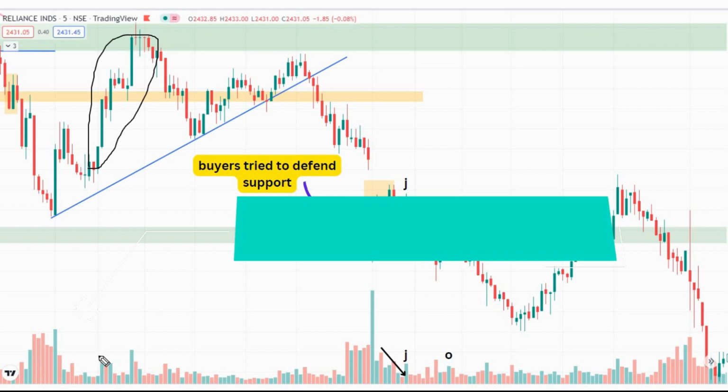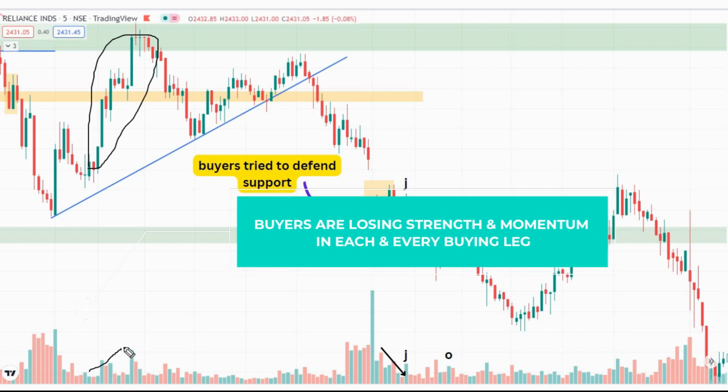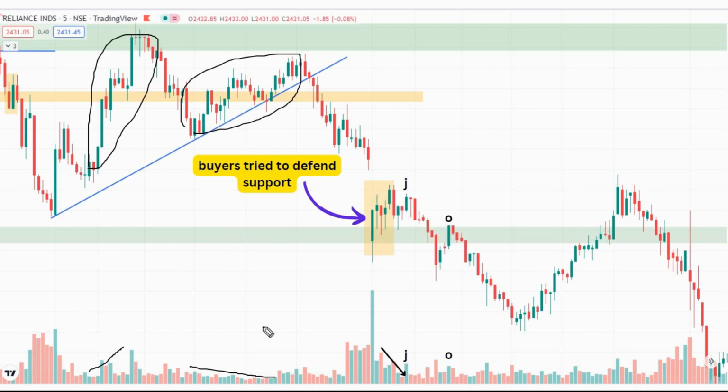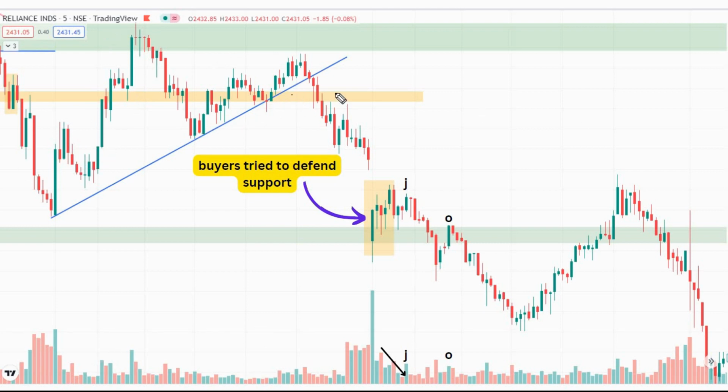There was an increase in volume in the buying leg. But on this buying leg, there is no volume. Volumes are very low. So this is an indication that bulls are not that aggressive to push the prices towards the upside. Okay, so our next trading opportunity could have been around here, stop loss here, and ride the downtrend.